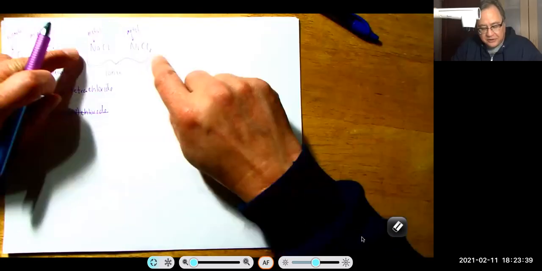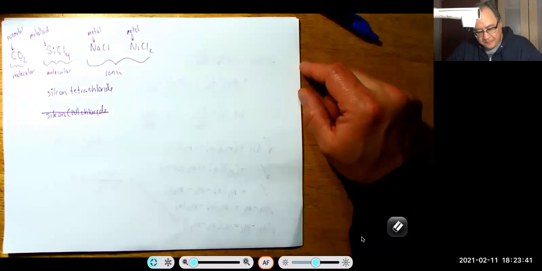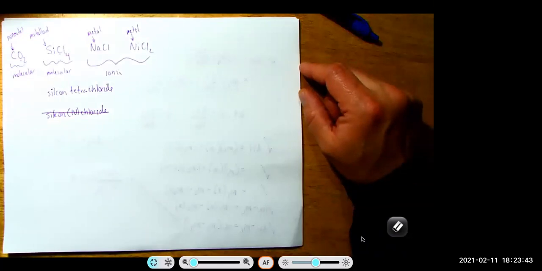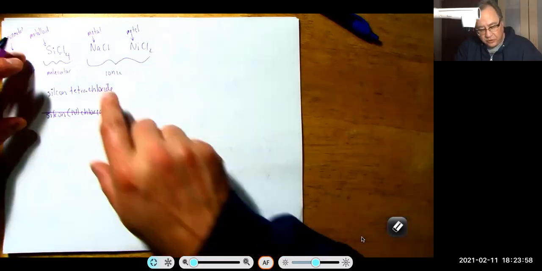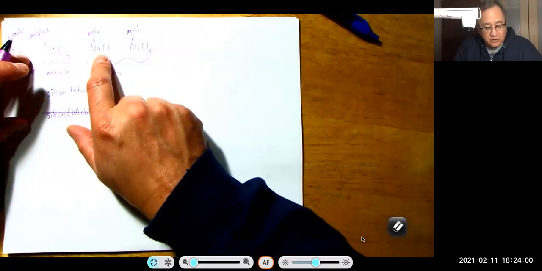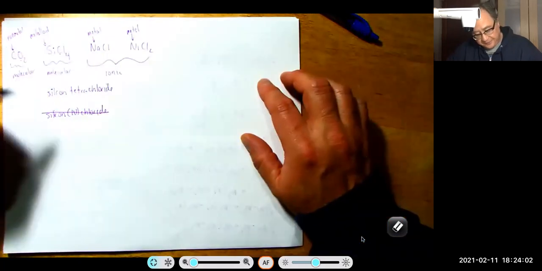So do you know how to name these two? They're ionic, so it's sodium. Well, you should be able to look at the periodic table and know the charge on each of these.